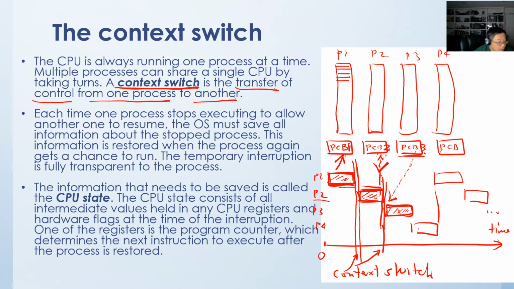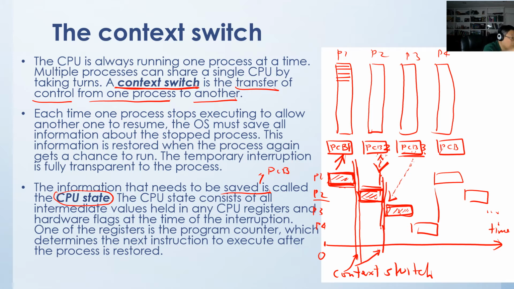Now, the information that needs to be saved into the PCB is called a CPU state. When the process is running, one of the instructions of the process is going to be in the CPU, the state of the instruction.